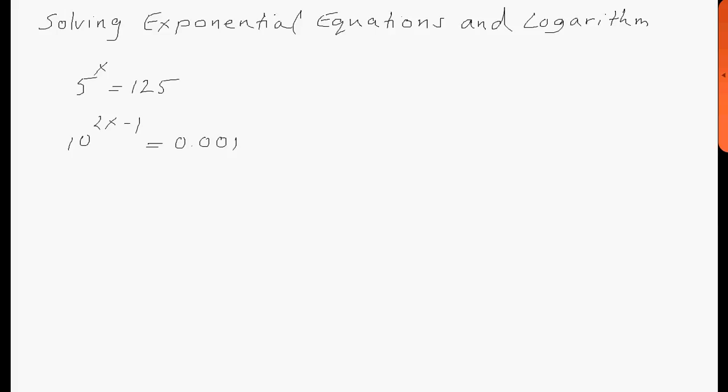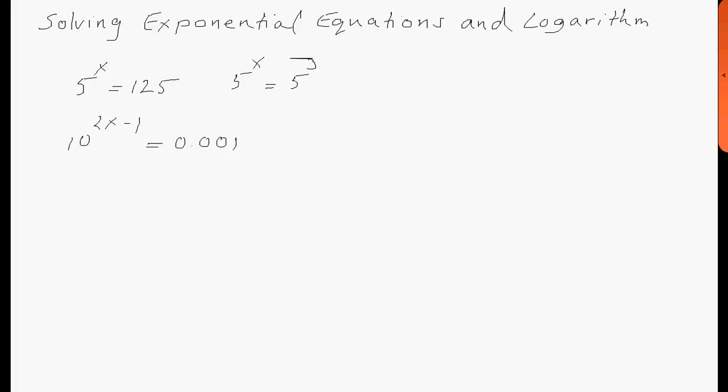The only thing you need to do for these kind of equations is to have the same base on both sides, and if they have the same base on both sides, then in order to solve the equality, the two exponents have to be equal. So for example, here 5 to the power of x equals 125. 125 is 5 to the power of 3.